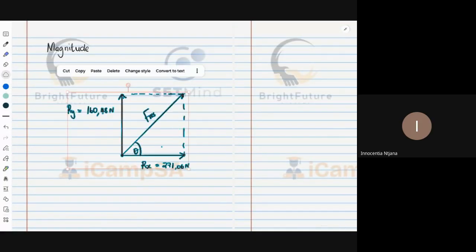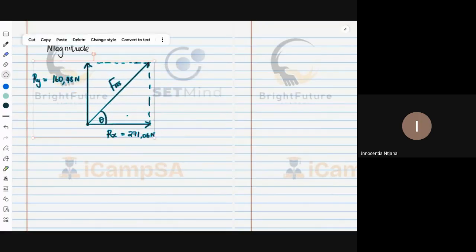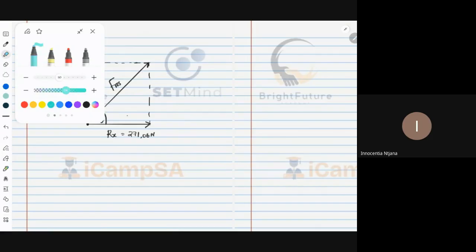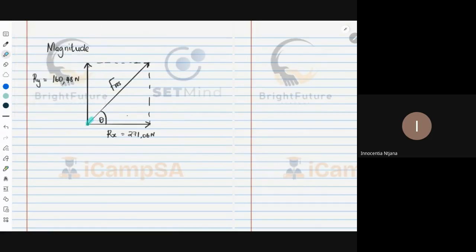You can draw it separately though, so that your mind knows what you are doing. Remember, we just take this triangle. This is always a right angle triangle, always, okay?